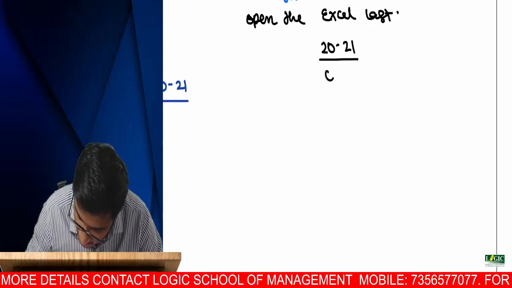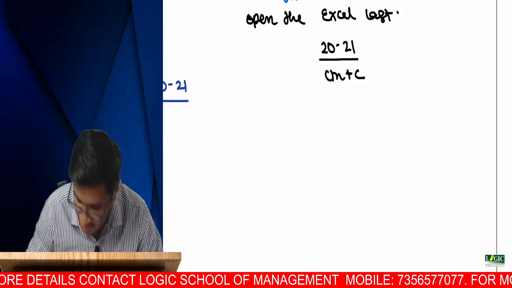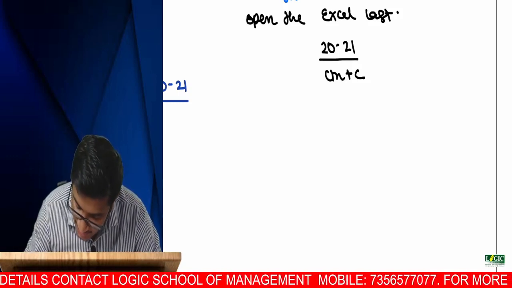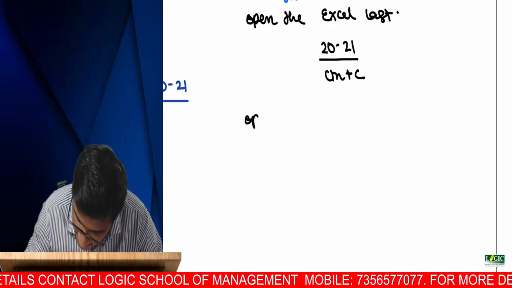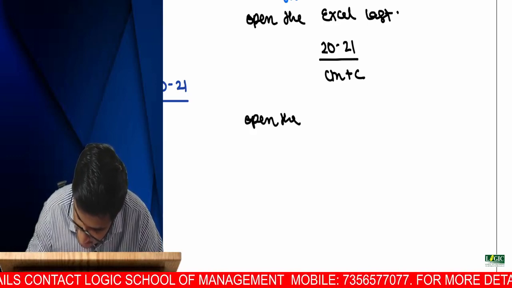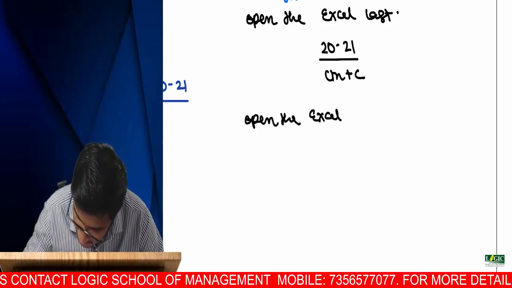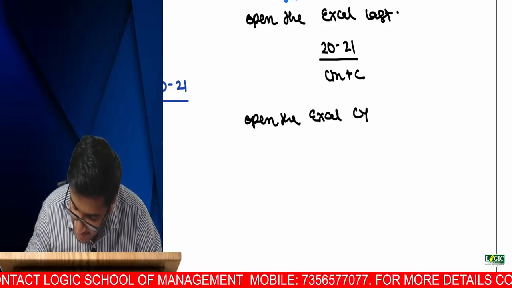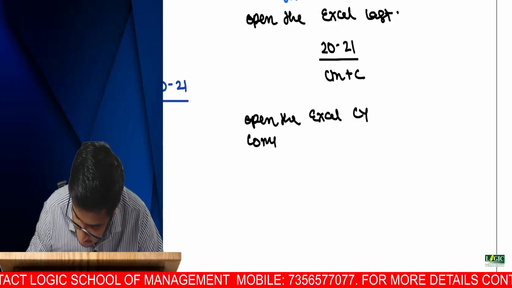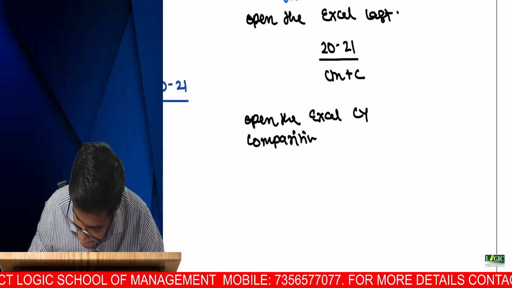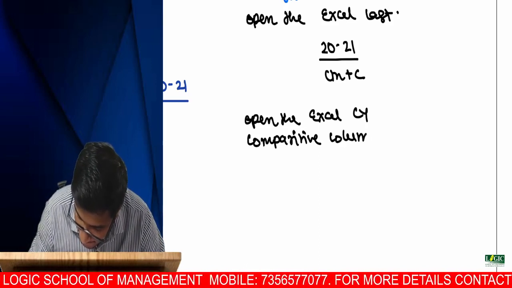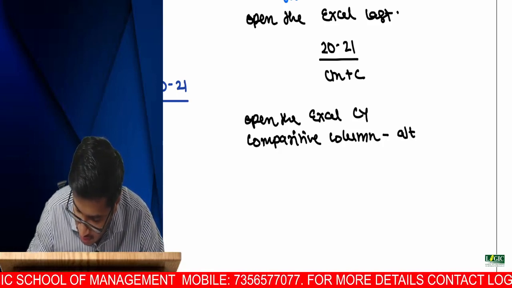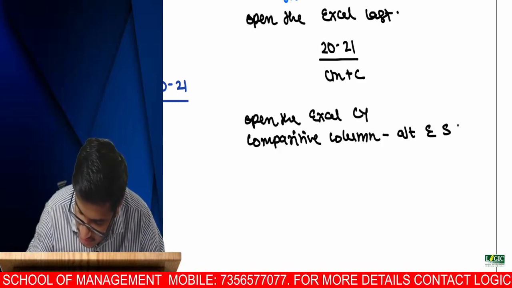You will see Control C, copy, and you will come to the current year statement. Then you will open the Excel for the current year, and in the comparative column, what do you guys do? Alt E S V.